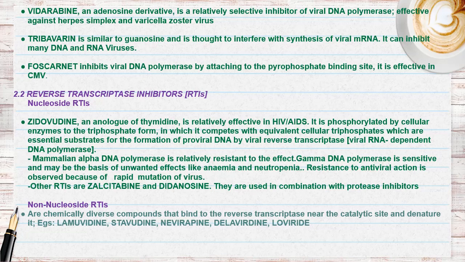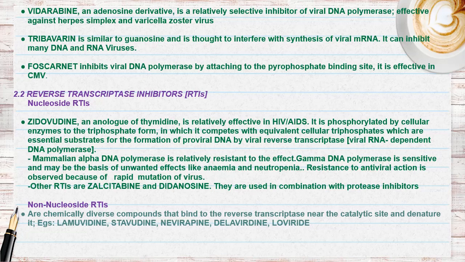You have a very popular drug like zidovudine, and other non-nucleoside reverse transcriptase inhibitors or protease inhibitors coming under this class. The first drug under nucleoside reverse transcriptase inhibitors is zidovudine, which is an analog of thymidine, and it is very effective in HIV and AIDS treatment.